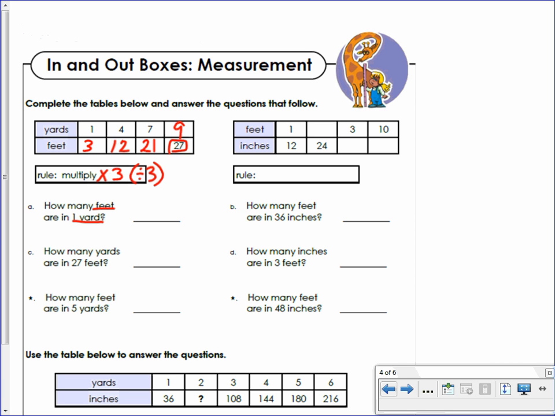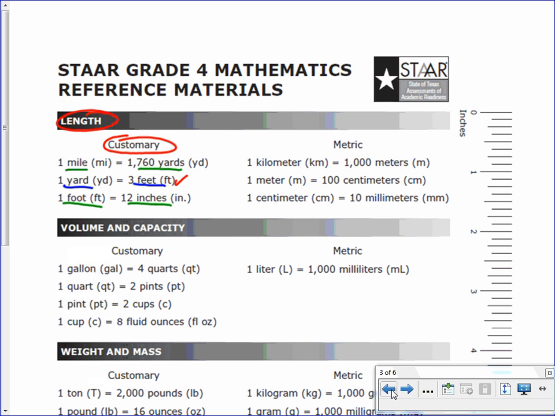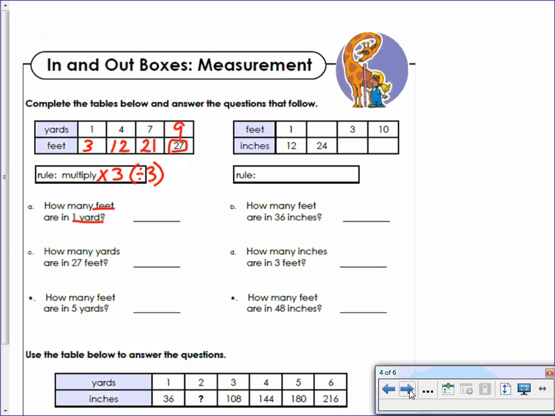Okay, let's look at the next table. We have feet and inches. Looking back at our handy-dandy math chart, we see that 1 foot is equal to 12 inches. And on our table, that one is already filled in. Let's go ahead and continue out our chart. 1 foot is equal to 12 inches.